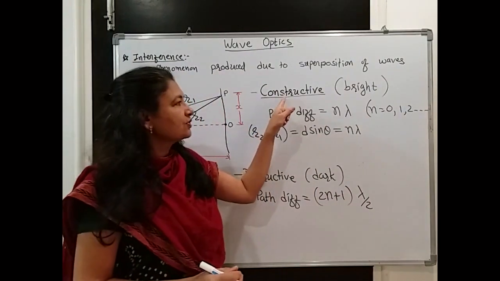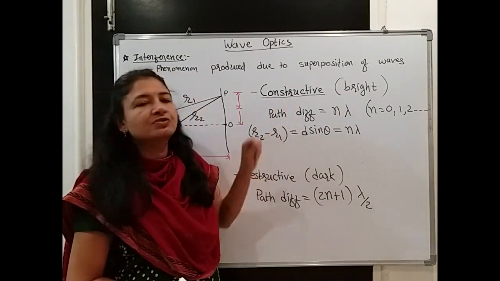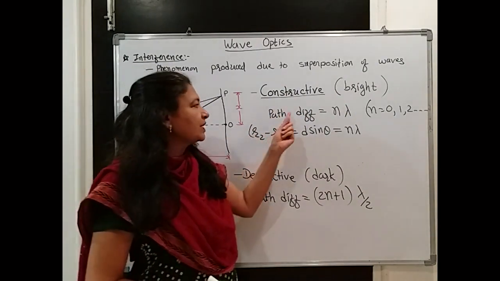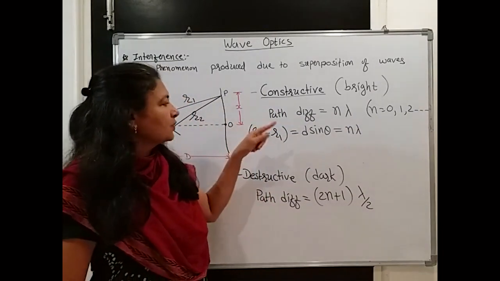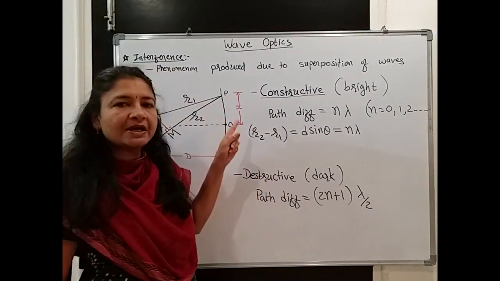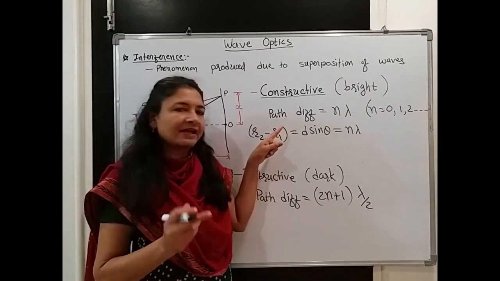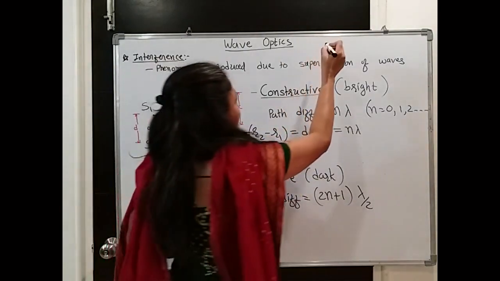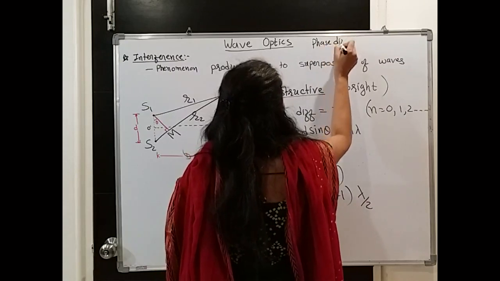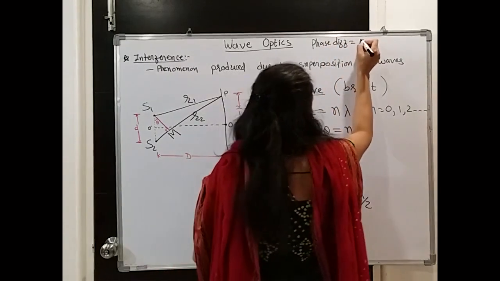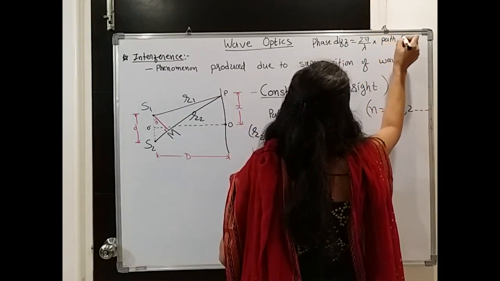You know that for constructive interference, bright fringes will be produced. So this is the condition in terms of path difference. I can also obtain the condition in terms of phase difference. Now, do you know the relation between path difference and phase difference? We have already discussed it in class. Can you recall? Yes. So phase difference is equal to 2 pi by lambda into path difference.